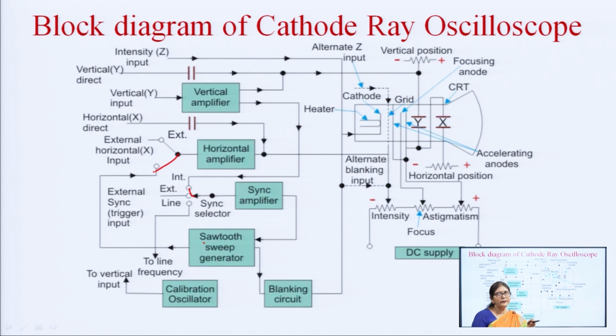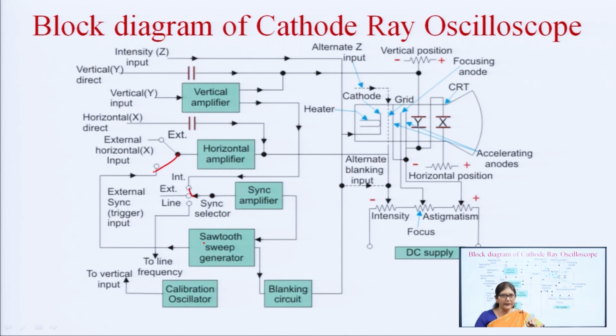The function of the horizontal amplifier, or horizontal section, is to move the electron beam in the horizontal direction, in the x direction. When the electron beam moves from left to right, it traces the pattern of whatever input signal we have applied.